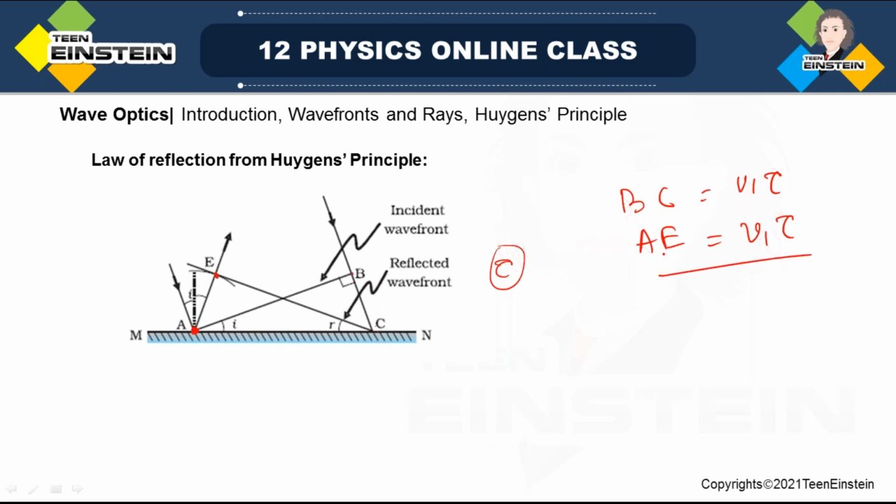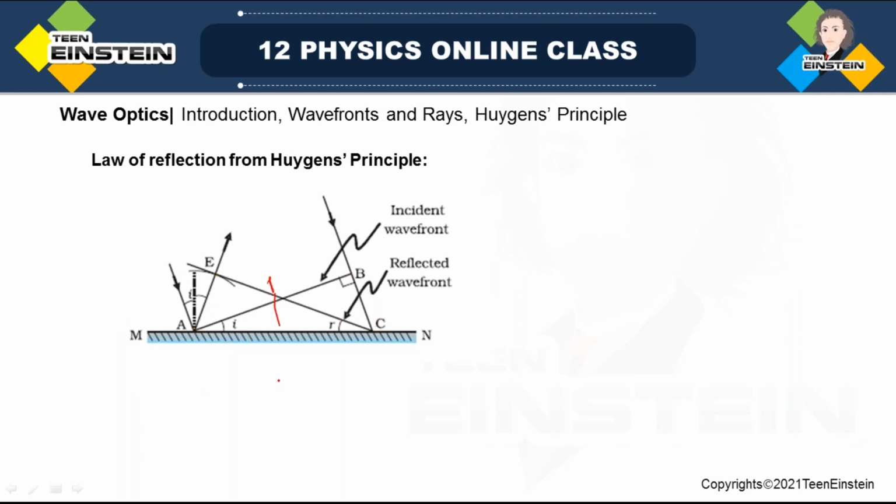Both are equal to V1 tau. Now, if you want to construct this reflected wavefront, you have to draw a sphere of radius V1 into tau. Look at this AE as radius. You have to draw a sphere like this, and you have to draw a tangent from C onto this sphere. That tangent will give you the position of the plane wavefront.